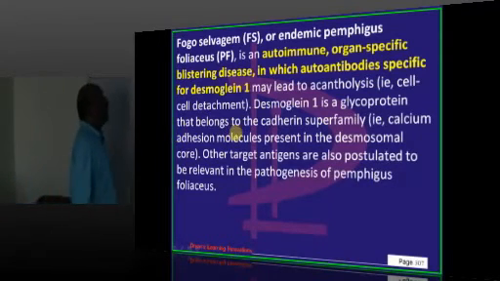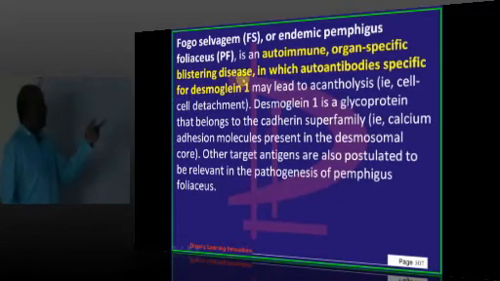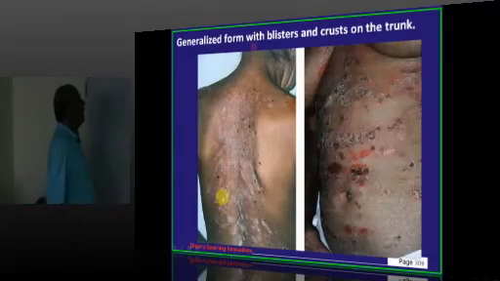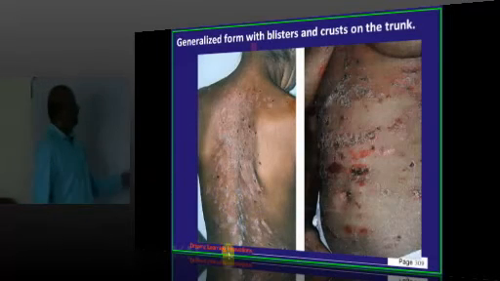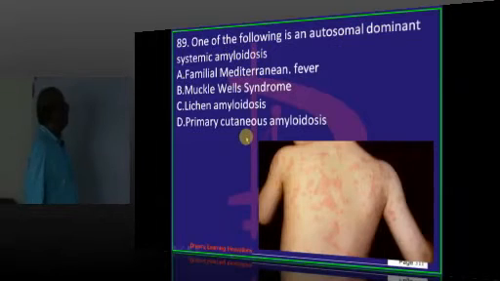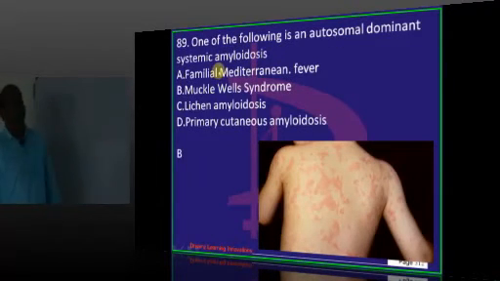So, Fogo selvagem is an autoimmune organ specific blistering disease in which desmoglein 1 antibodies typically appear. So this is a typical Fogo selvagem. Autosomal dominant systemic amyloidosis.